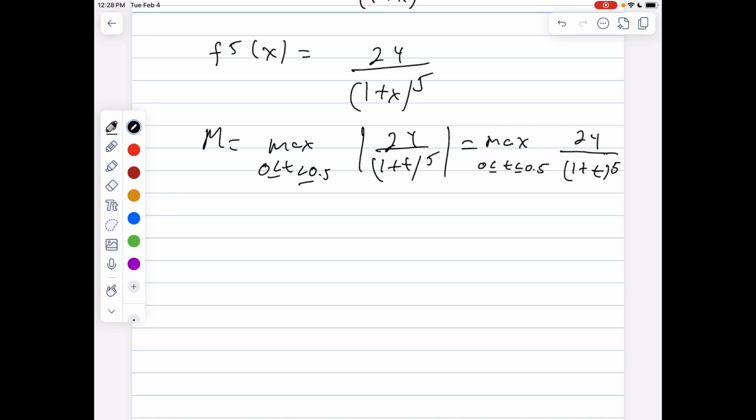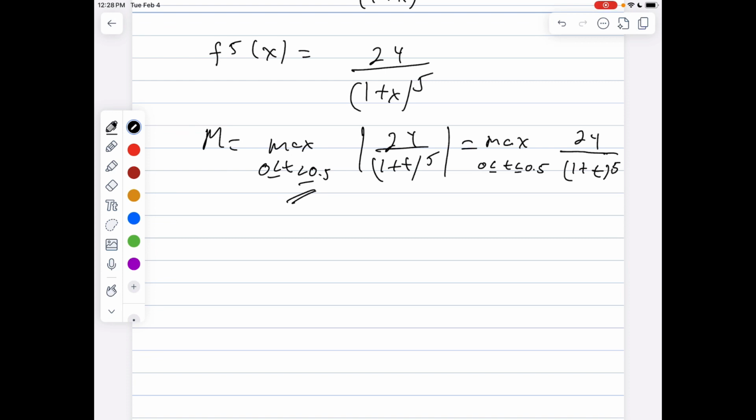But here x is technically a number, so that's why we switched to t here. Anyways, the absolute value is just going to be the same thing as not having it, because your function itself is positive in that interval from 0 to 0.05 inclusive.